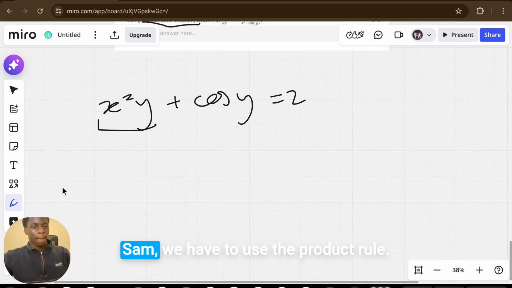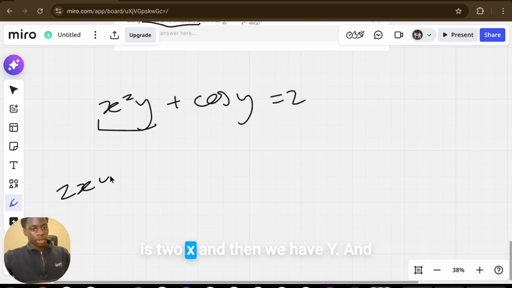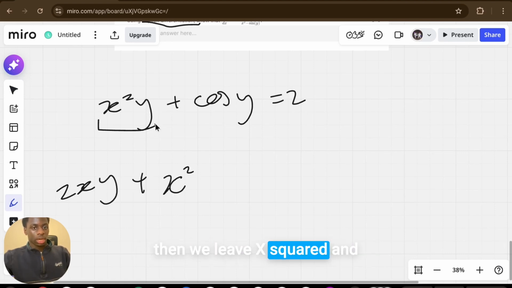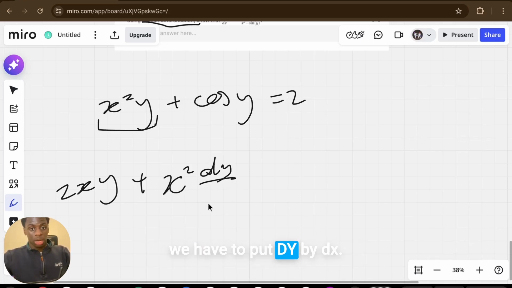Well, differentiating the first term, we have to use the product rule. So the differential of x squared is 2x, and then we have y, and then we leave x squared, and we have to use the chain rule. What's the derivative of y? Well, y is a function, therefore we have to put dy by dx.